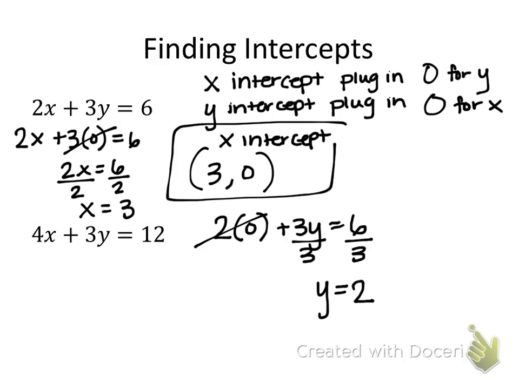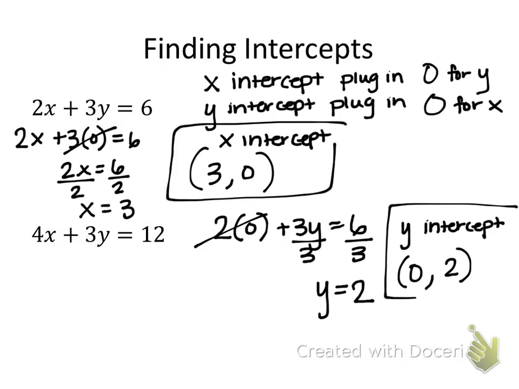Okay, so that means my y-intercept, or where that line is going to cross the y-axis, is at a positive 2. So I want to write it as an ordered pair. So my y-intercept, what did I plug in for x? 0. And then what did I get for y? 2. No matter what, anytime you find your x and y-intercept, the opposite value will be 0. If I'm finding my x-intercept, my y value is 0. When I find my y-intercept, my x value is 0.